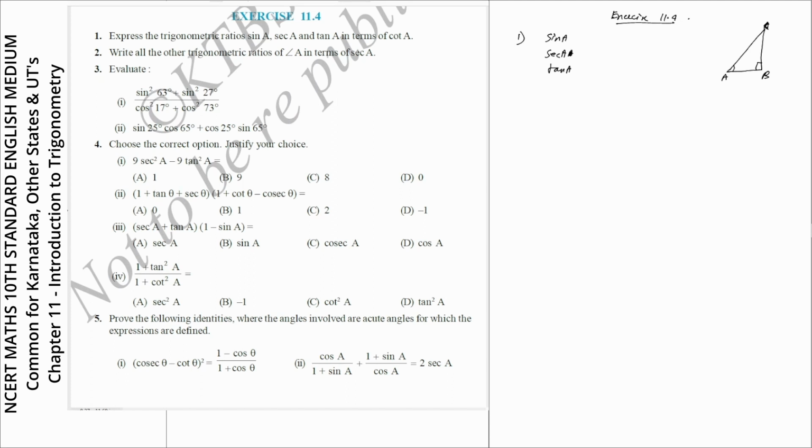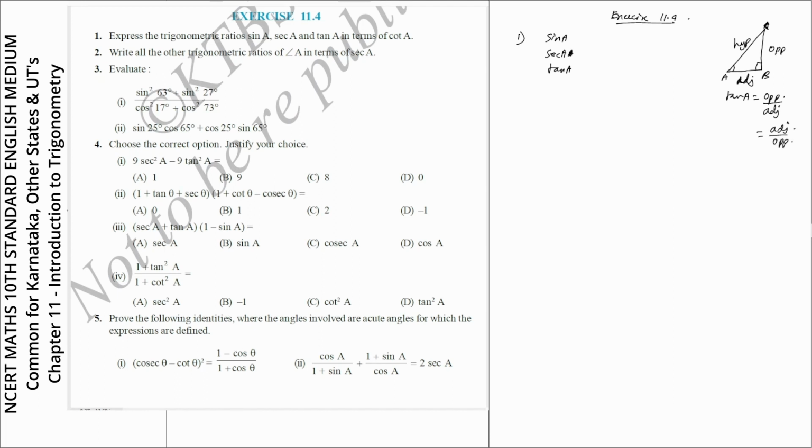Now with respect to angle A, what is tan A? With respect to angle A, this is opposite, this is adjacent, and this is hypotenuse. Now tan A is opposite by adjacent. But what is adjacent by opposite?